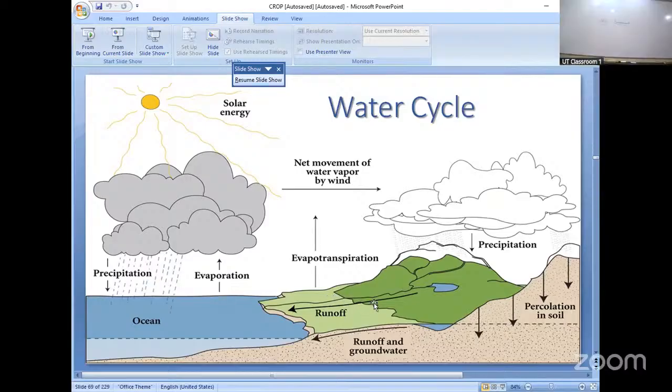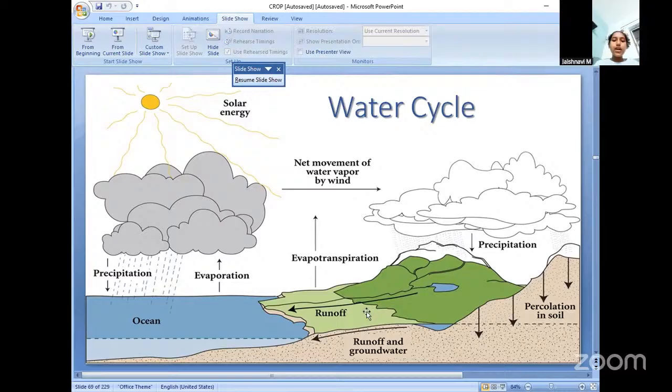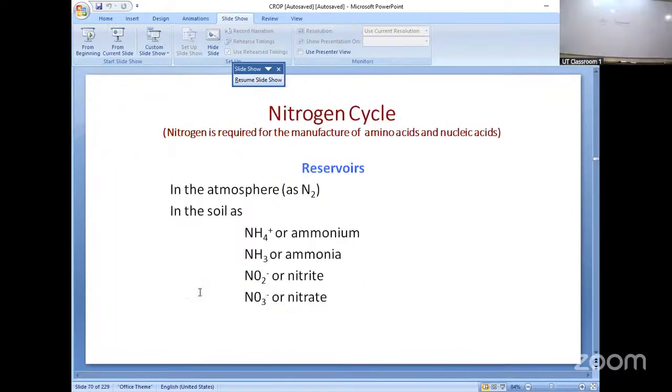This cycle repeats. The ocean water goes up, evaporates, and through condensation becomes clouds and comes down again by precipitation. This is what happens in the water cycle. Very nice.